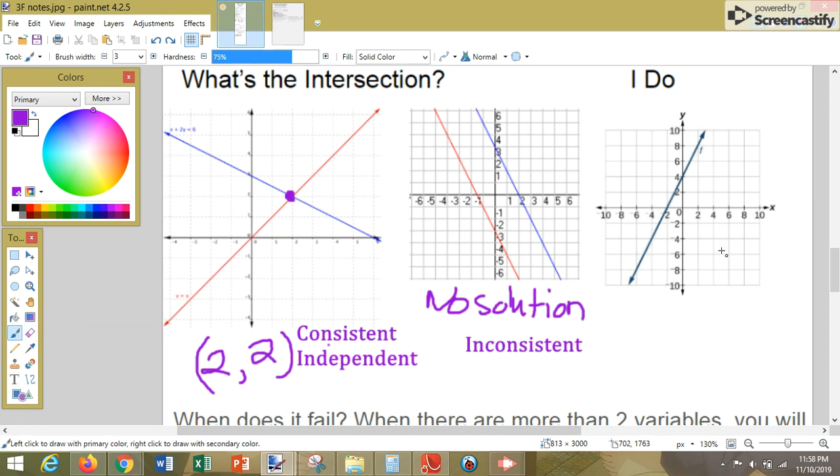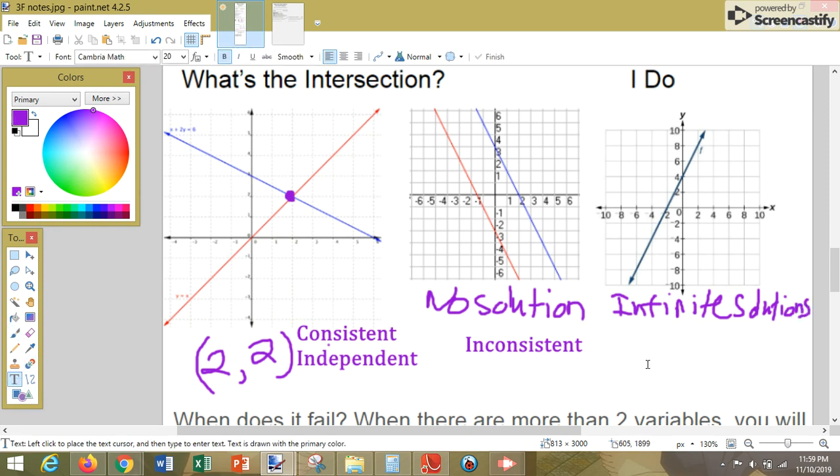And then the last one, we just have one line here, so that's infinite solutions, and that is dependent and consistent.